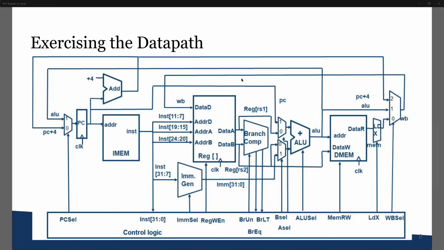Like, you say, I want to work out how the add instruction makes its way through the data path. Just put it in the chat, and then each breakout room will do a different instruction, and then we'll come back.